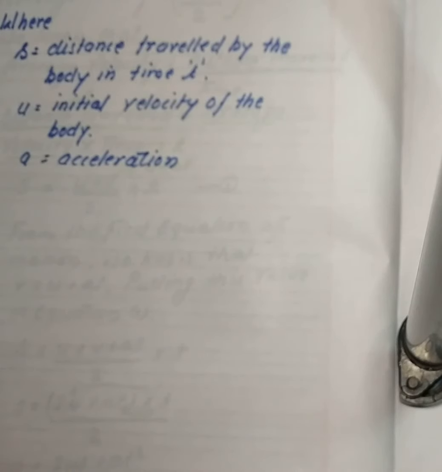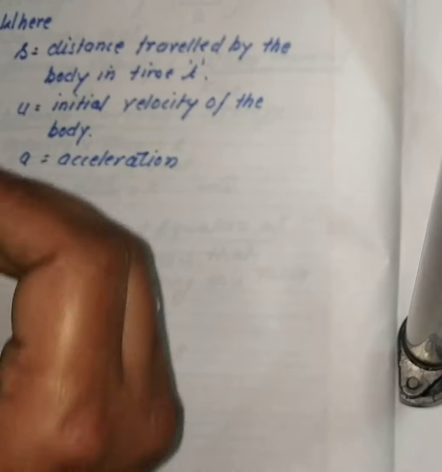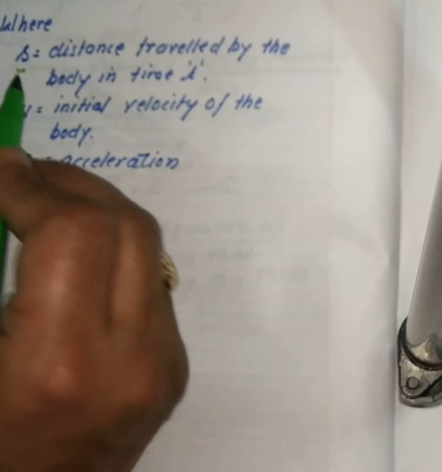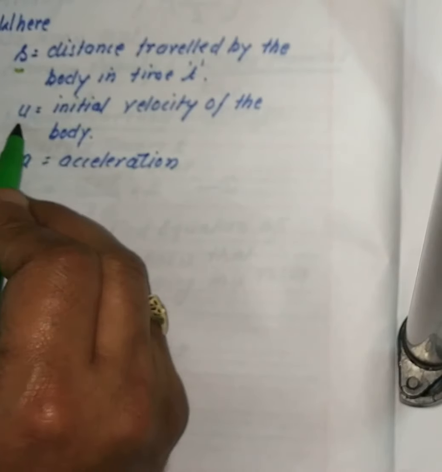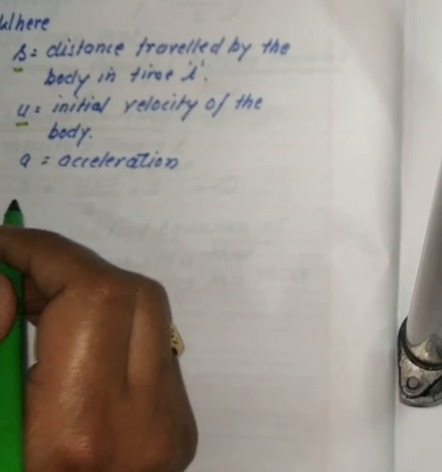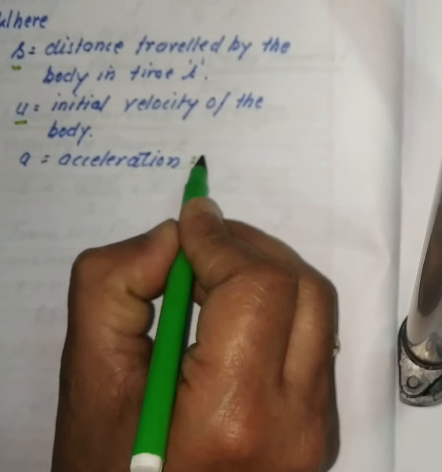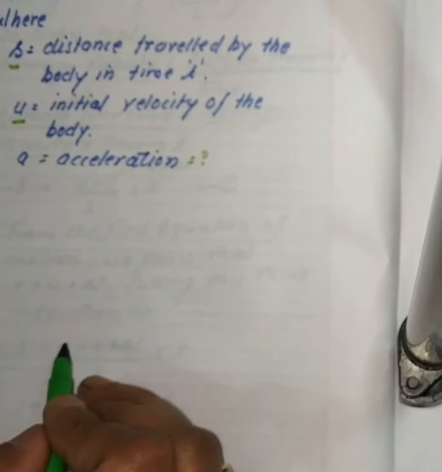In this type of equation, in the question, the teacher or the book gives us the distance and the velocity, and we have to find out the acceleration.